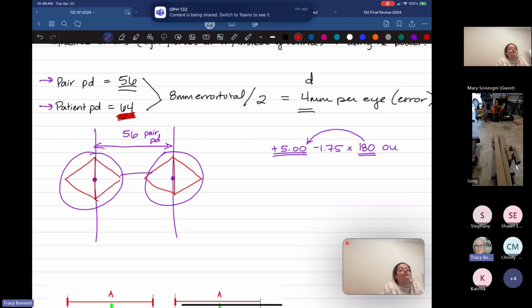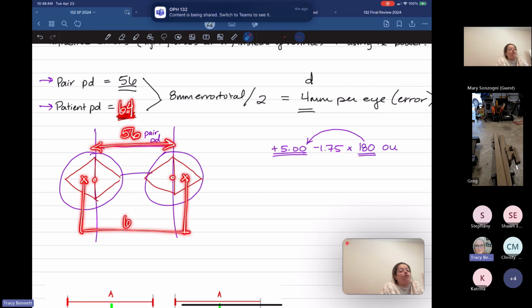You are right, because if OCs are 56 millimeters apart, but my patient's eye is at 64, then that puts us somewhere out here, right? Because that would be 64.